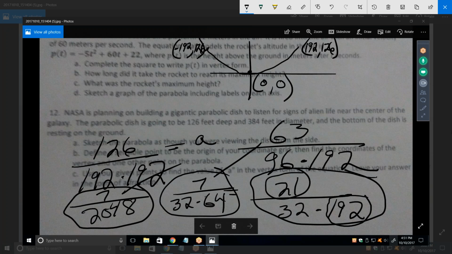But if you don't, you've got to do it the hard way, which is what we did. And we did it in like 4 steps. Yeah, I got one, and it was 292 and 4/7. And then when you converted it, it was 7 over 2048? Yeah. Okay. So you could have done the whole thing in 1 step or 2 steps on your calculator.